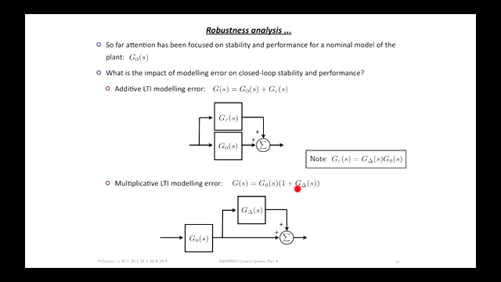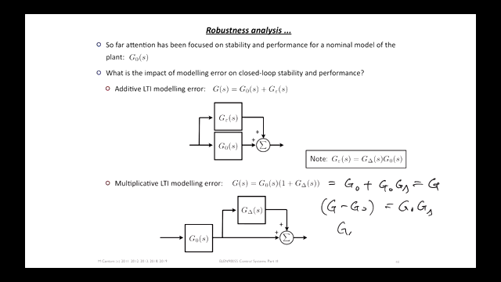This is like a relative error. If we just multiply this out, we're saying this is equal to G naught, our nominal model, plus G naught G delta. That's equal to G. So I can rearrange that to be G minus G naught, which must be equal to G naught G delta.